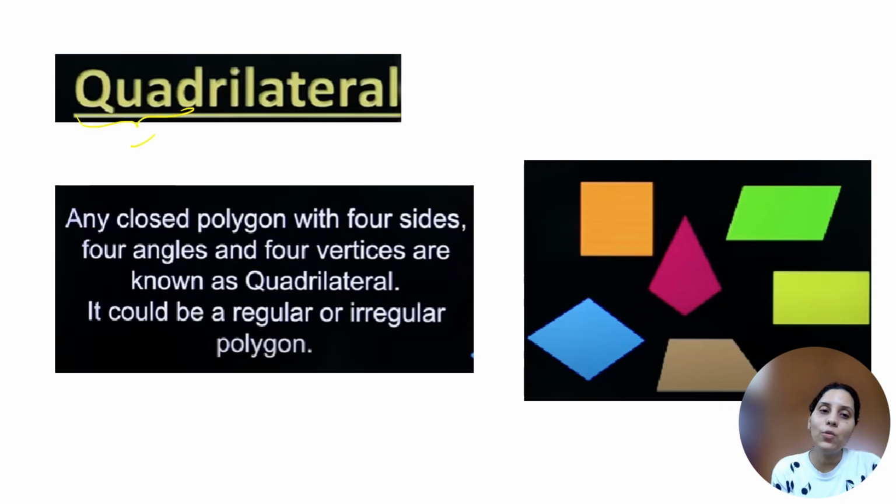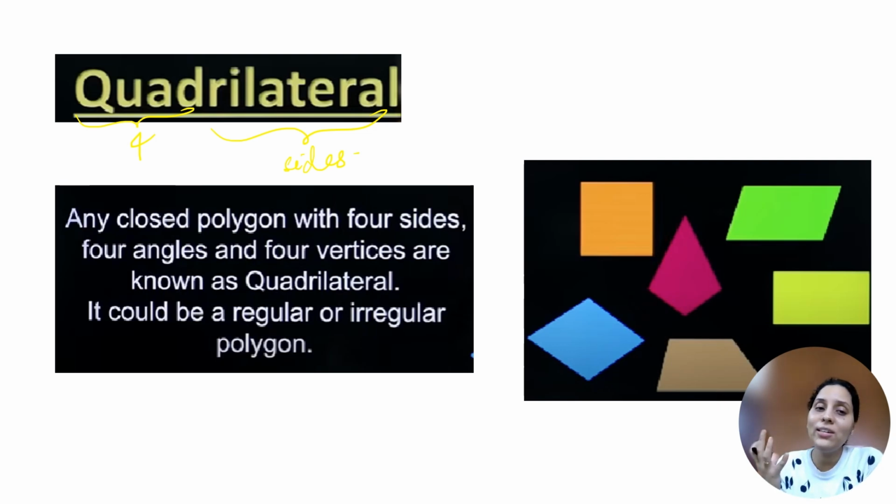Quad means 4. Lateral means sides. So a four-sided figure is a quadrilateral. Any closed polygon with 4 sides, 4 angles and 4 vertices is known as a quadrilateral. It could be a regular or irregular polygon.